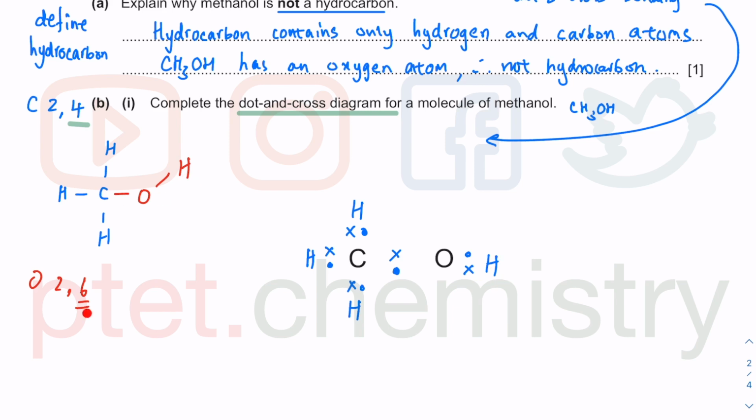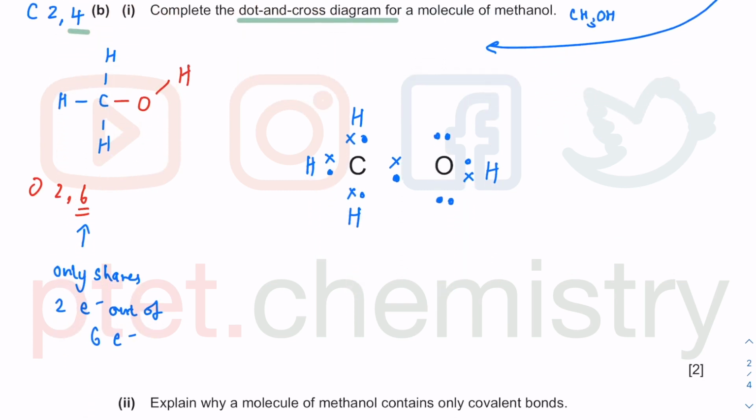But oxygen started out with 6 electrons in the outer shell, so I could just draw another 4 electrons because I only share 2 electrons out of 6. That means I still have 4 more electrons on the oxygen which are not used for covalent bonding.